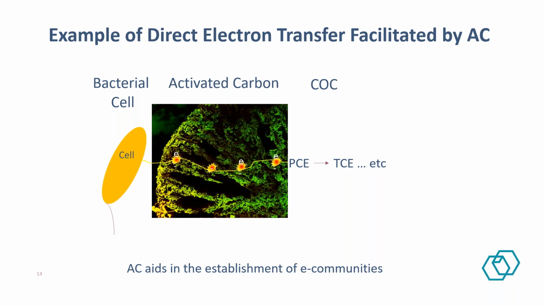If you don't have Dehalococcoides at your site, you're stuck. But that may not be true. If you have activated carbon or like material, the electron transfer can be facilitated through that conductor. So any cell that is capable of DIET could then take PCE all the way down to ethene.